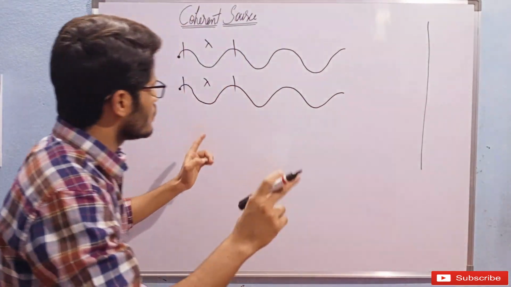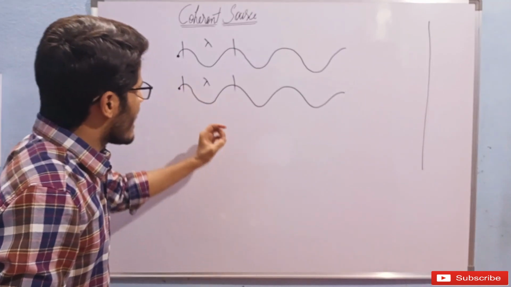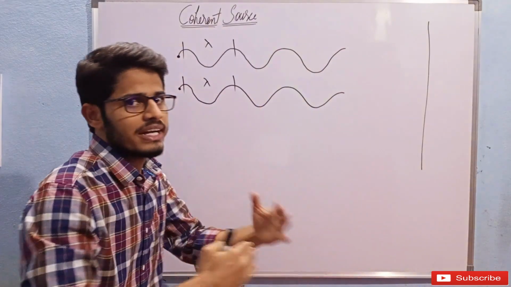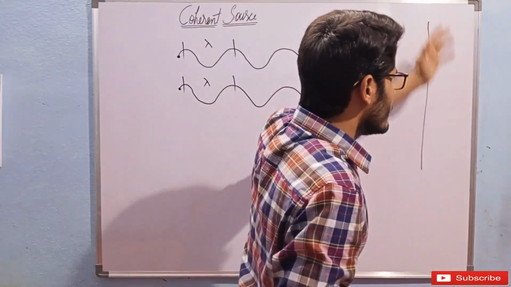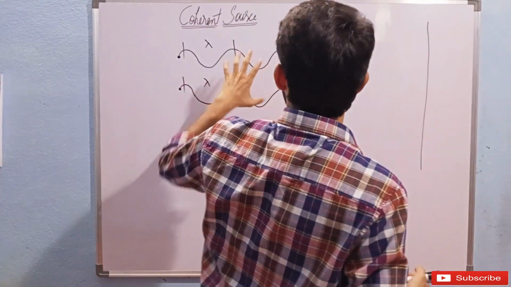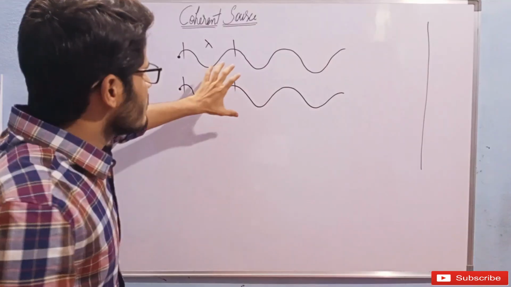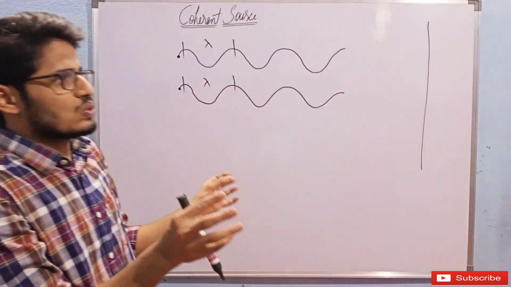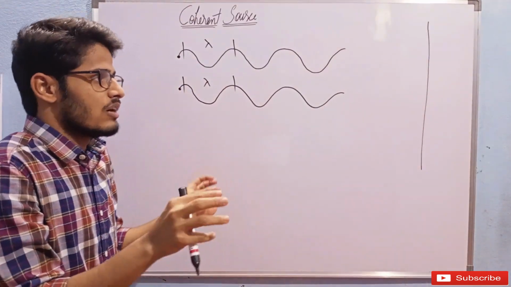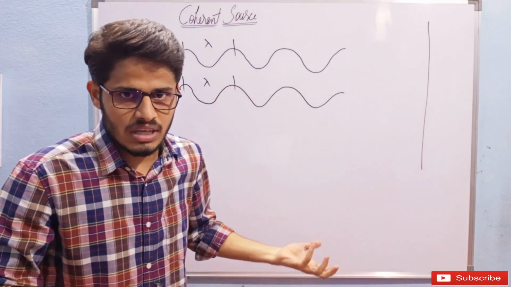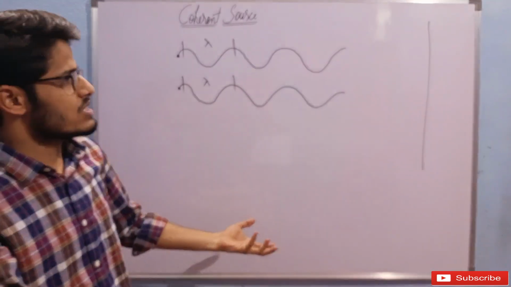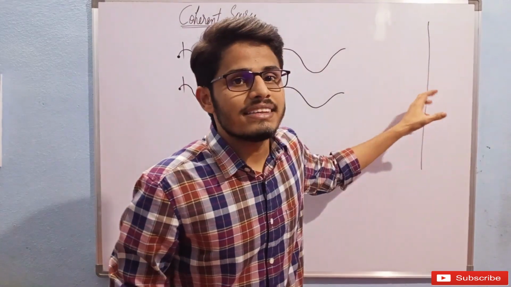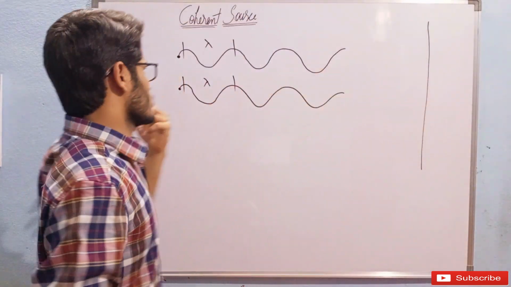Now I will tell you why you must have a coherent source to have the interference pattern. I am trying to relate the final interference pattern with this. Suppose instead of a coherent source, you just pick any two light sources which don't have the same wavelength or the same frequency. I'll show you why you can't get the interference pattern with those sources.